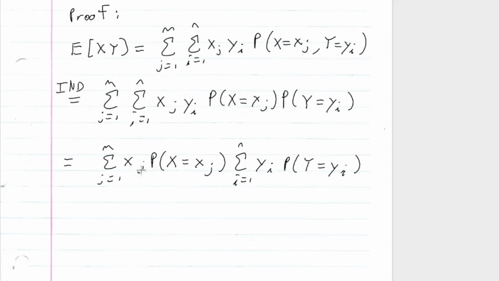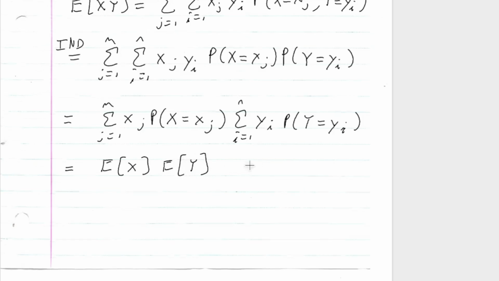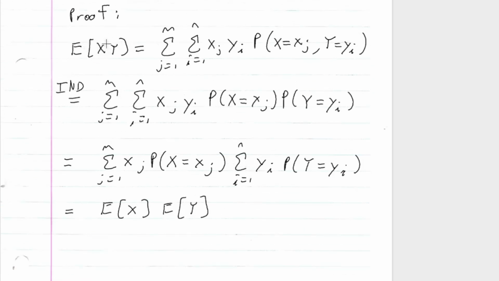This is the definition of expected value of x, and this is the definition of expected value of y. So this equals the expected value of x times the expected value of y. So we're able to show that the expected value of x times y is equal to the expected value of x times the expected value of y only when x and y are independent random variables. So that is our proof.